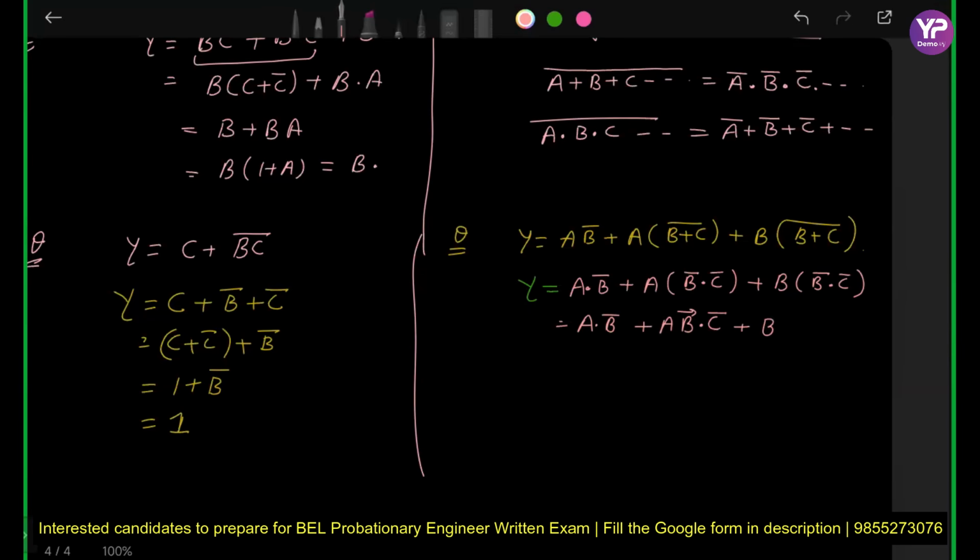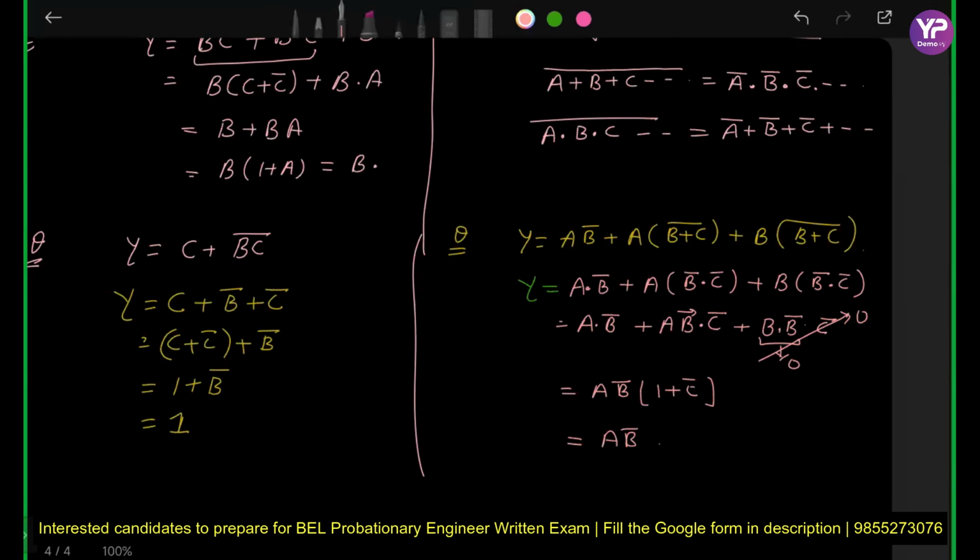And then B into B bar into C bar. B into B bar is going to be 0, so that complete term is going to be 0. Now we are left with A, B bar common, 1 plus C bar, and 1 plus C bar is 1. So it is A, B bar.